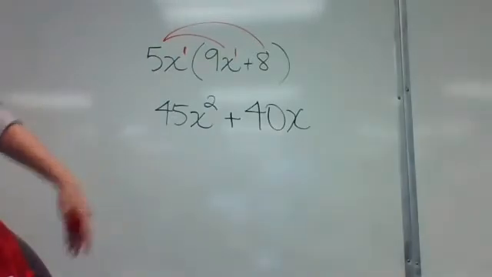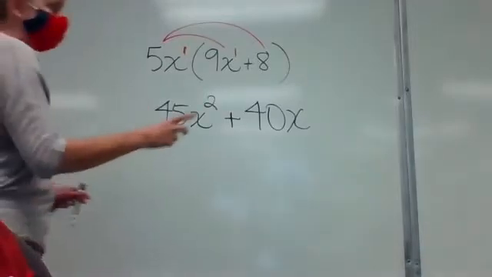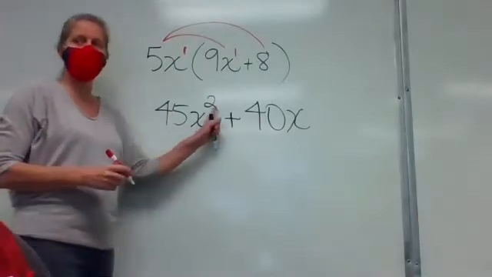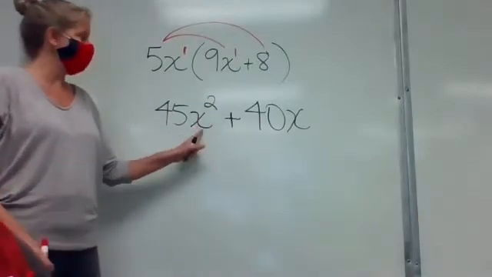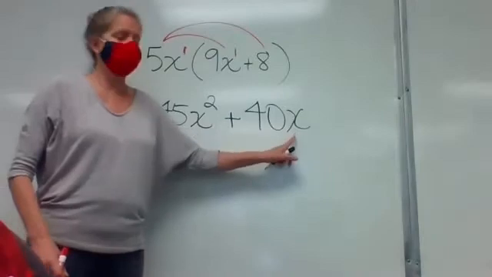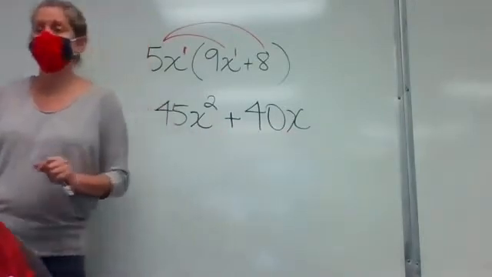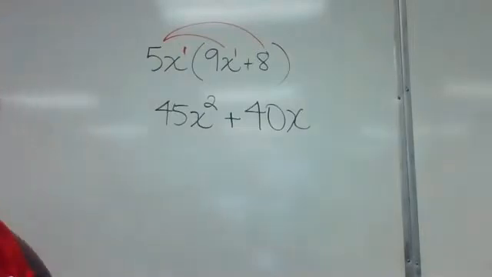Now, when I get down here, I think, oh, wait, can I add that together? But why can I not? That's exactly right. They are not like terms. This one is an x squared. You're on fire today. This one's an x squared, and this one's a plain x. You can't add an x squared to it. They have to have the same exponent. Yep.